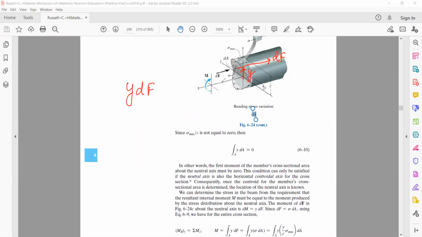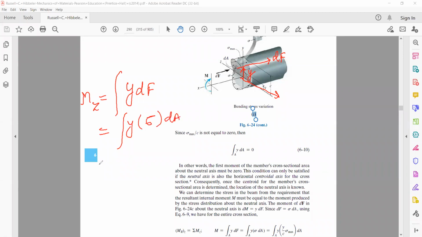Now we have the total force, therefore the total moment will be integral y dF, and this moment will be along this axis. If you take the right hand screw rule, this is the moment along the z axis. We can write integral y dF as integral y sigma dA.